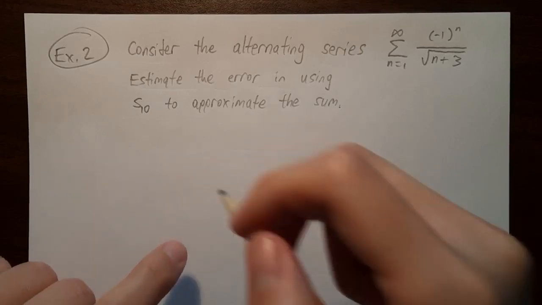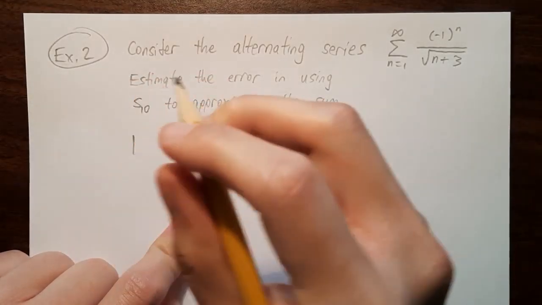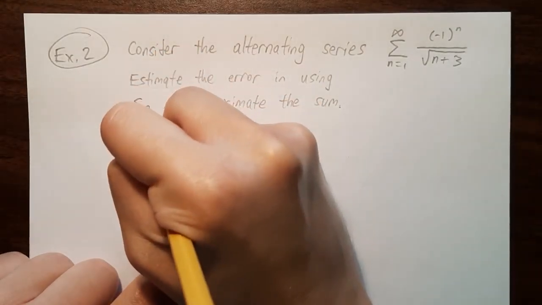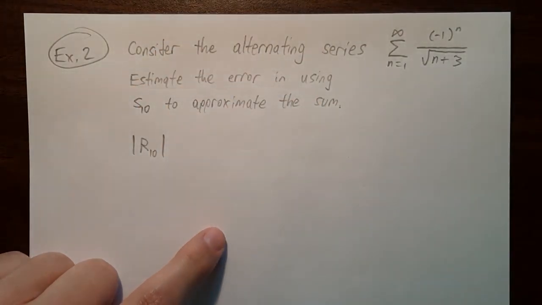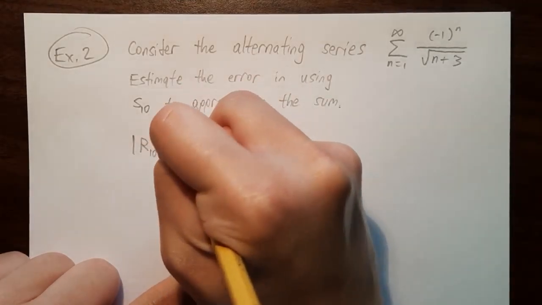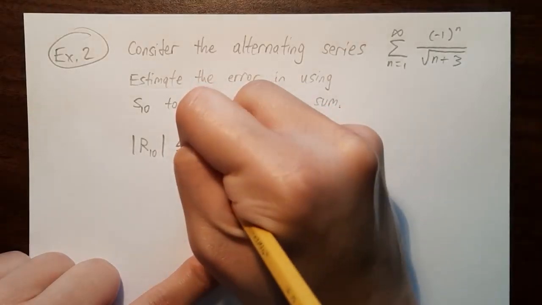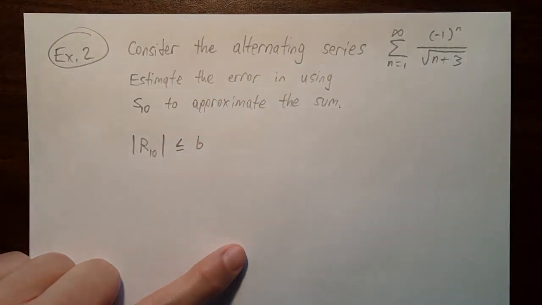The error in that approximation is also known as the magnitude of the remainder, so the absolute value of R10, the remainder after having added up only 10 terms. The remainder estimate theorem tells us that this cannot be any bigger than the first forsaken term, so that would be b11.